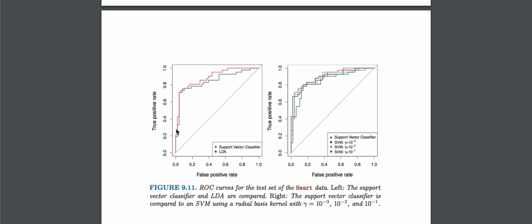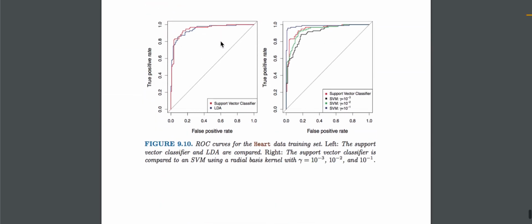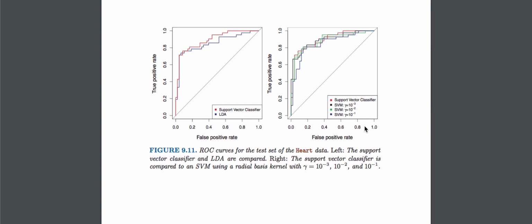Obviously, the test ROC is a little bit lower, which means that the area under the curve for the train is higher. But what we see is that the support vector classifier and LDA are more or less the same, and for the test they are not performing very differently from each other.